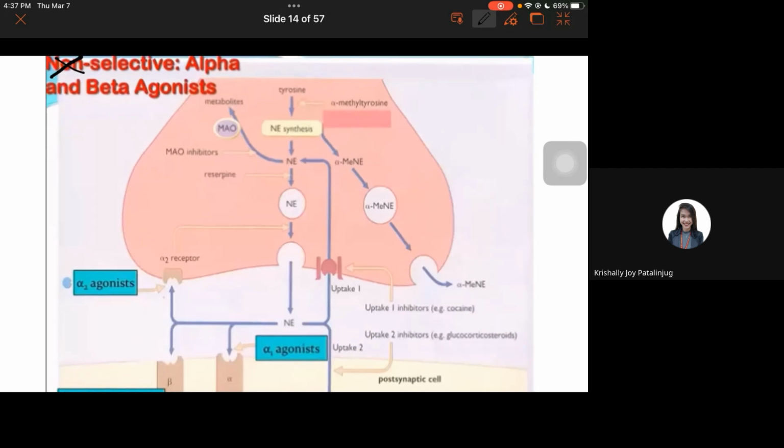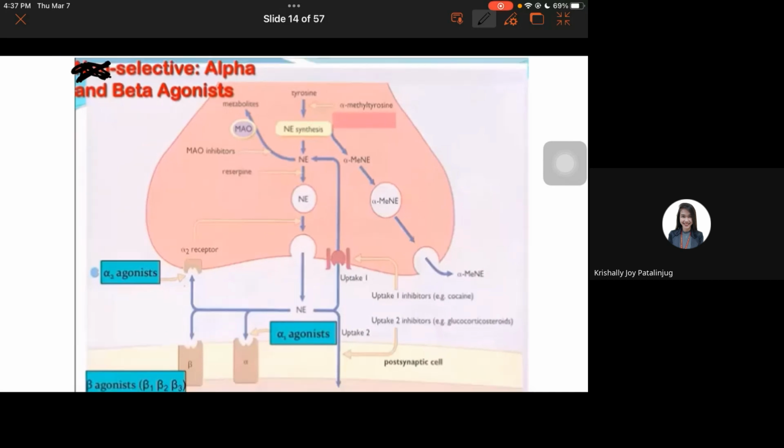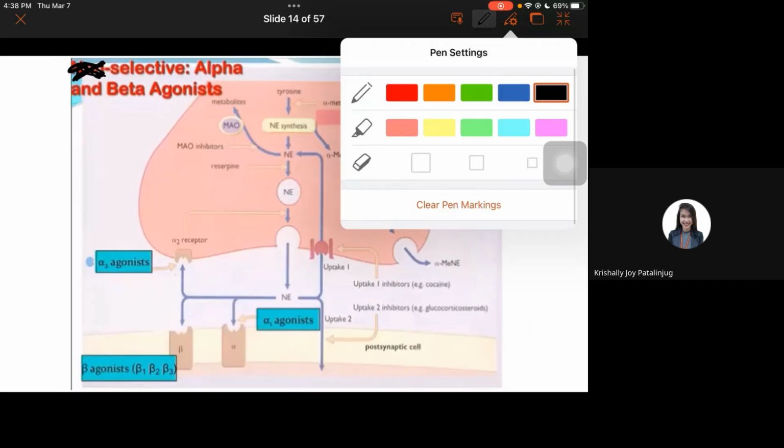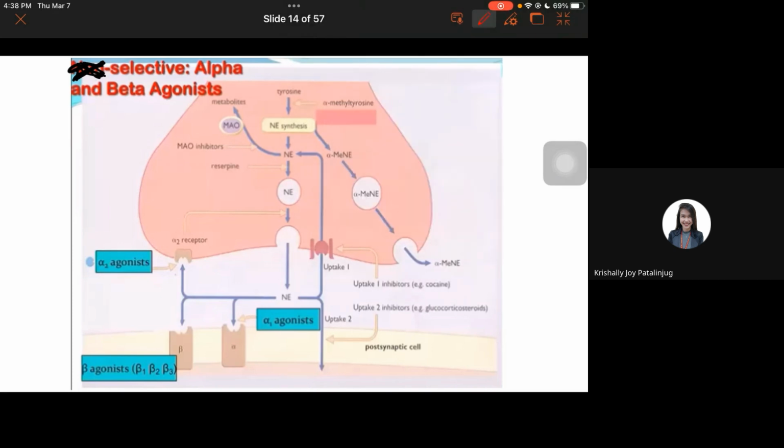Now for this slide, paki-correct no. Di ba ang alpha at saka beta agonist, they are already selective nga direct acting. So kung selective direct acting sila, kapag ang gamot classified as alpha agonist, it will only bind, activate alpha receptor. Kapag beta agonist yan, so it will selectively bind to beta receptors lang.